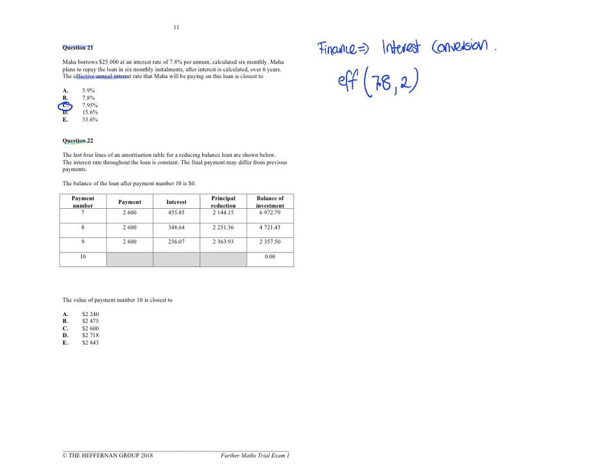Okay, with question 22, you need to be careful. They want you to find payment number 10 here. It's not as easy as it seems, because we're zeroing it off here. If you look previously, it's not dropping by that much, but we need to know what the payment is. Also remember, generally the final payment is always adjusted.